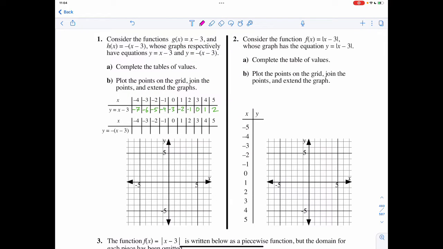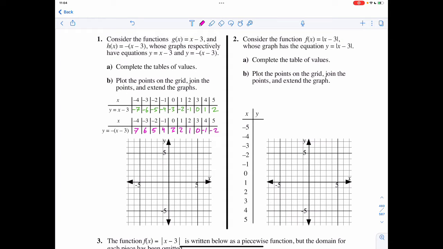If I take the negative of whatever that number is, then I would be solving for negative 4 minus 3, which would be negative 7. And then, because I have this negative on the outside, I'm going to flip the sign. So this would be positive 7, positive 6, positive 5, 4, 3, 2, 1, 0, negative 1, and negative 2.